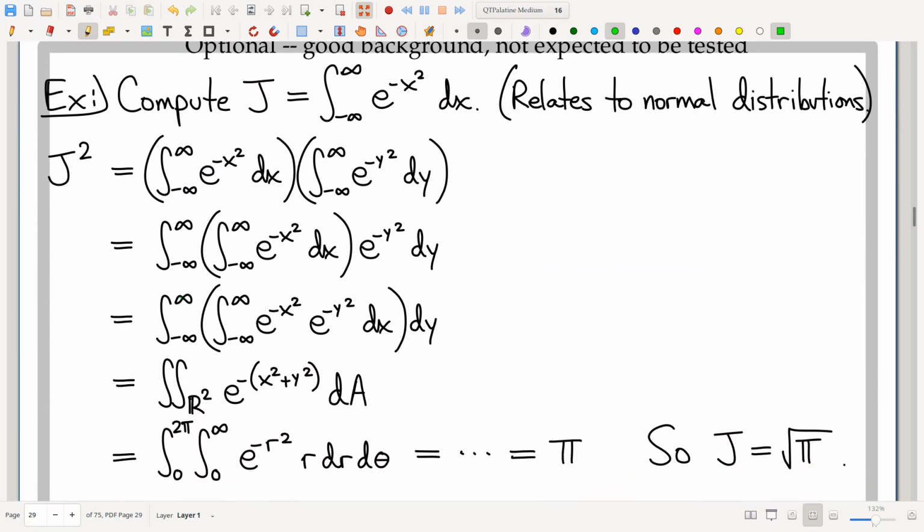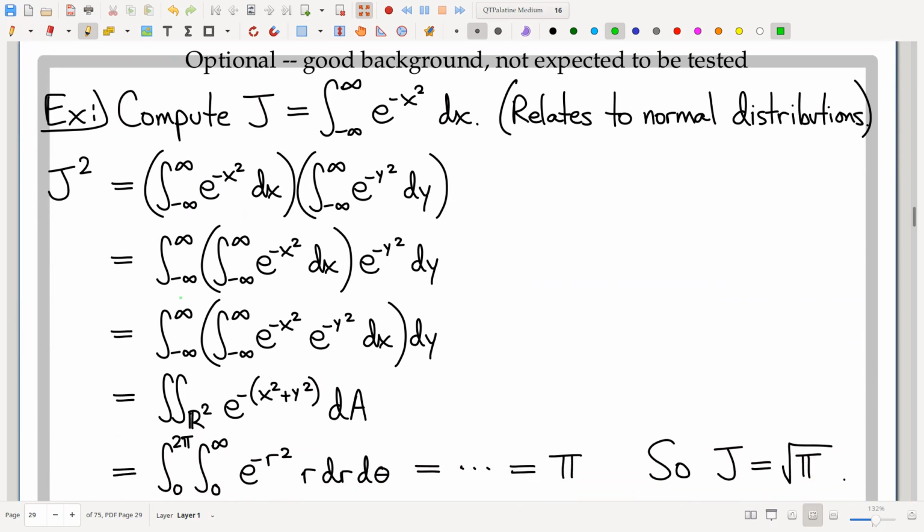This is a super fun example, and we're behind schedule. We don't have time, so I'm going to have to skip this one. I encourage you to take a look. It is actually really cool that we can compute this integral. Notice the integrand. We can't find an antiderivative of that integrand. This is one of these famously un-antidifferentiable integrands. I don't know if that's the right word.